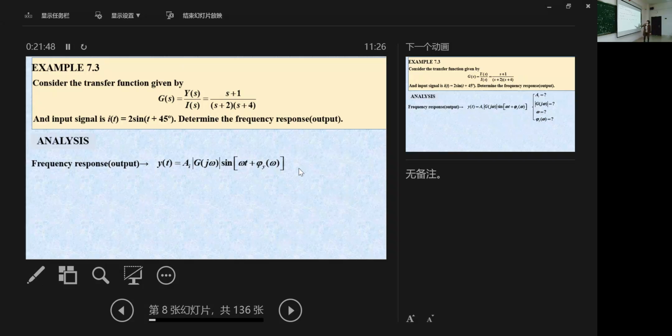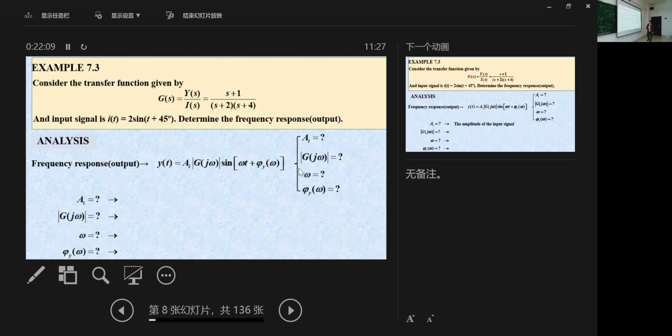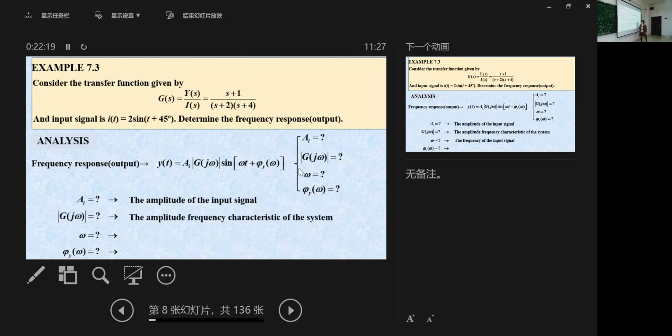y(t) equals A times the amplitude of G(j omega) times sin(omega t plus the phase). Here we need to first know what Ai is, what G(j omega) is, what omega is, and what phi is for the output. Ai is the amplitude of the input signal. G(j omega) means the amplitude frequency characteristic of the system.